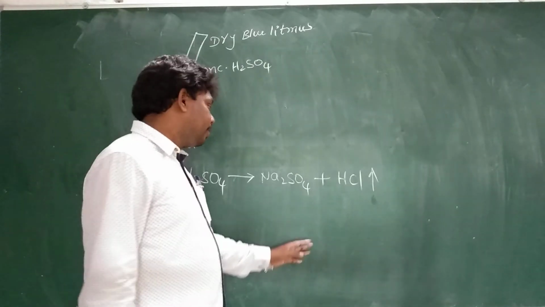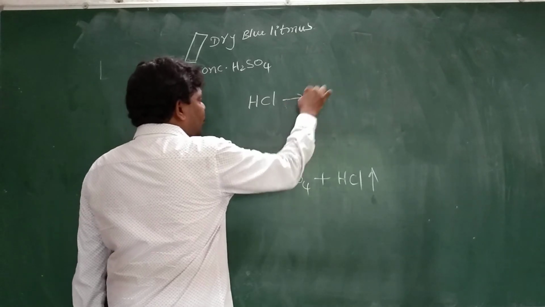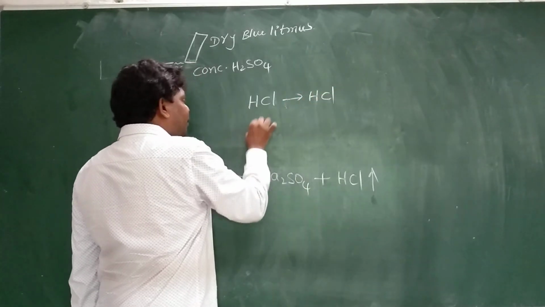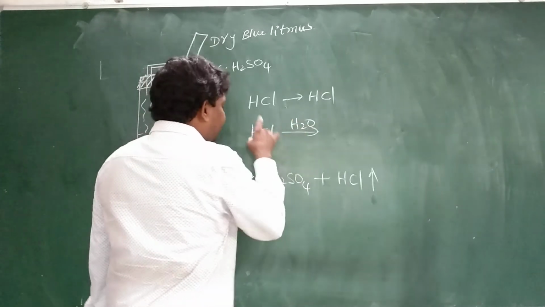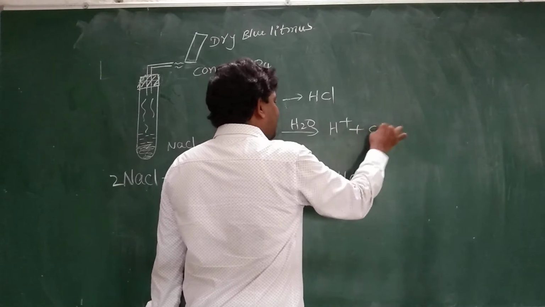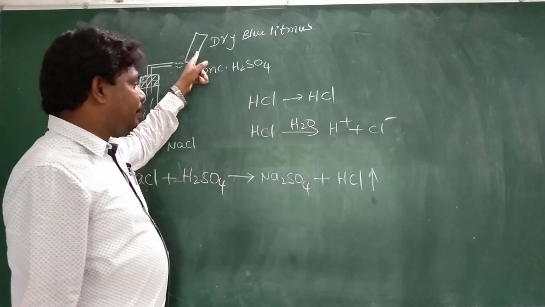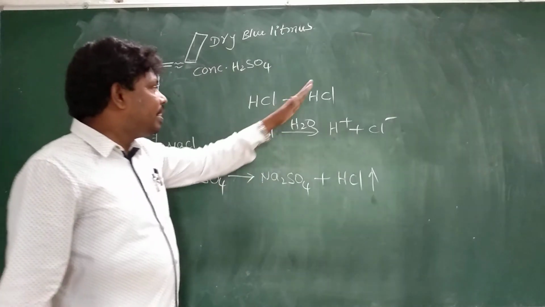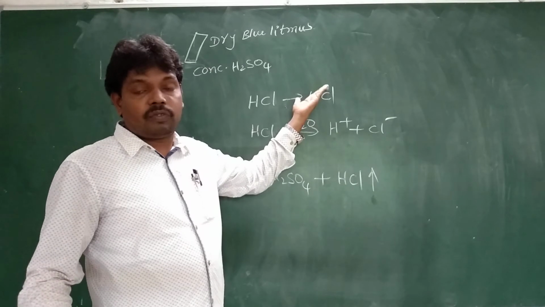Why? Because with the dry litmus paper, the HCl is in the form of HCl only. But with the wet litmus paper, wet means water is there. In the presence of water, this HCl dissolves and produces H plus and Cl minus. In the presence of H plus ions only, the blue litmus paper turns red. Previously, with dry blue litmus paper, HCl is in gaseous form.